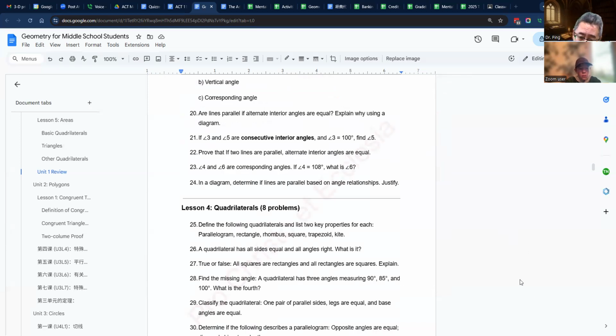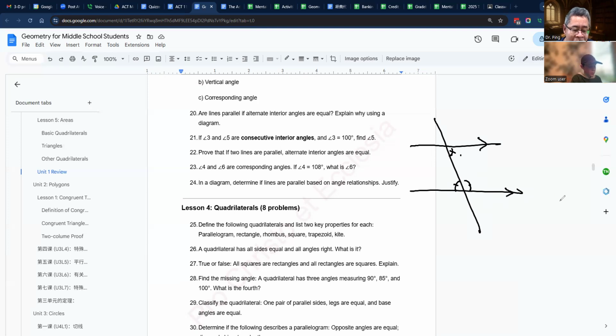Lines are parallel if alternate interior angles are equal. Explain why using a diagram. So I'm just going to show you how to explain that. If alternate interior angles are congruent, then this angle and that angle are supplementary, so they add to 180.